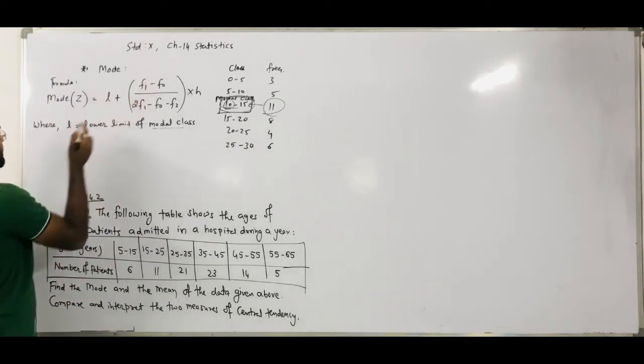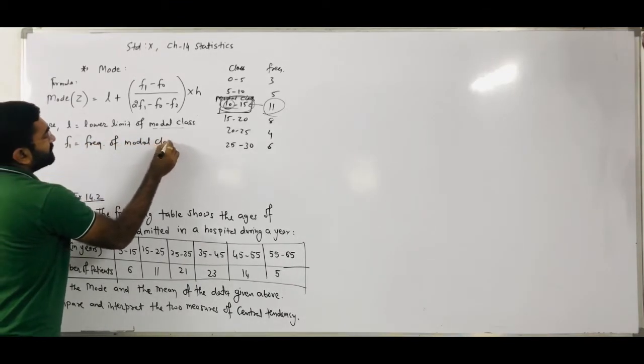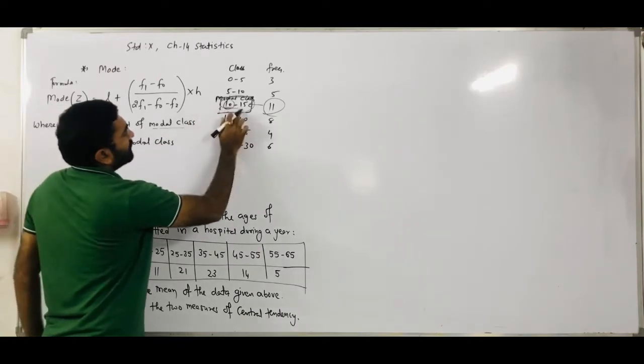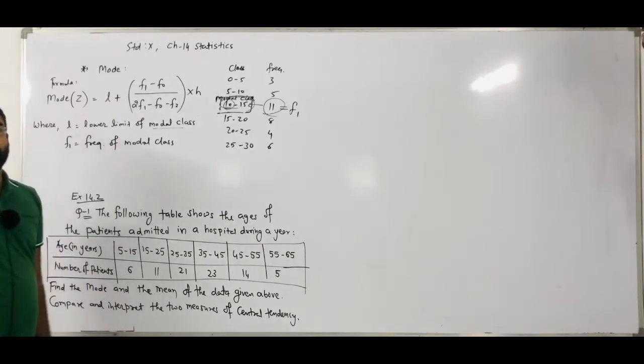Now what is the F1 value? This is the frequency of the modal class. Here the modal class frequency is 11, so that is our F1 value.